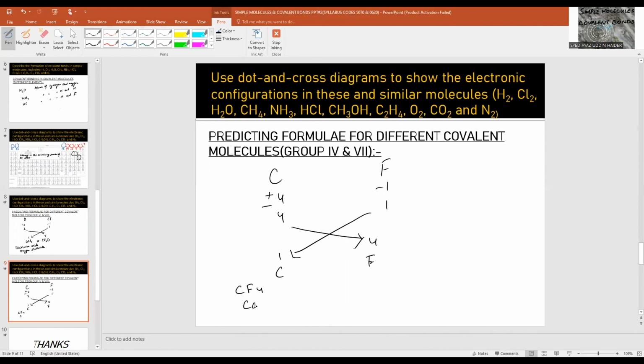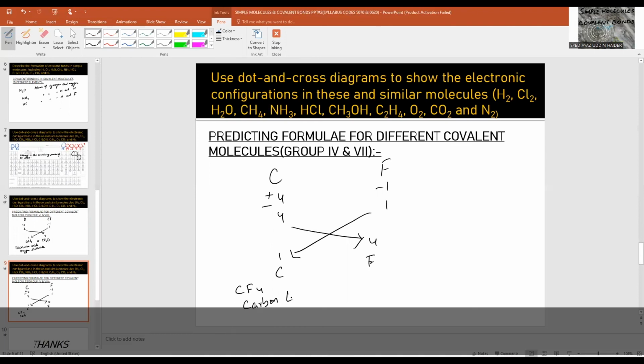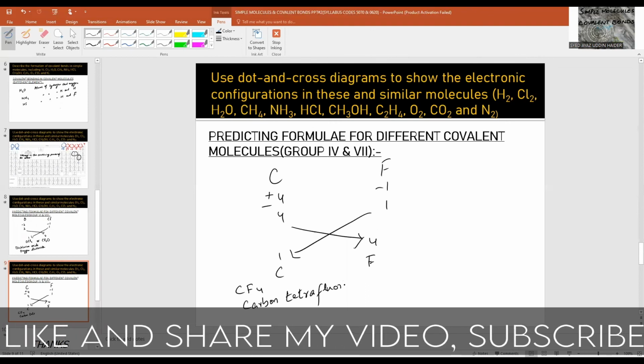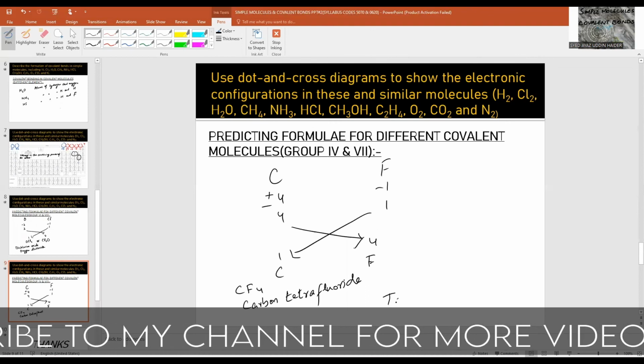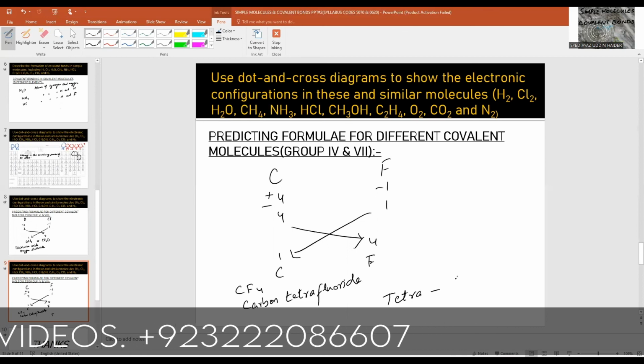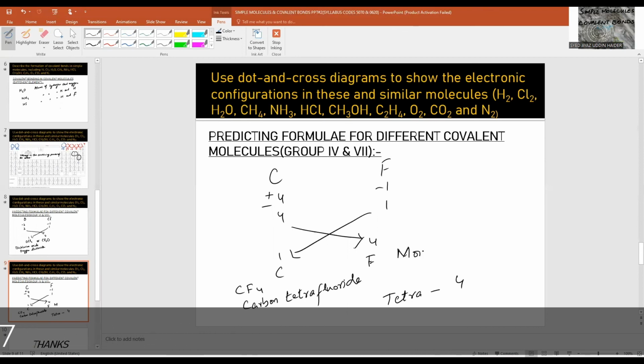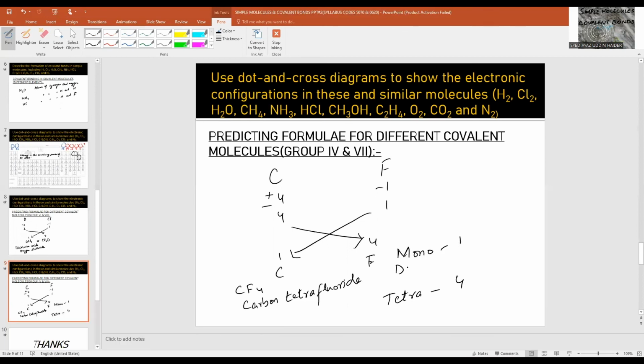We call it carbon tetrafluoride. Tetra means 4. We write here mono means 1, di means 2, tri means 3. Just for your knowledge.